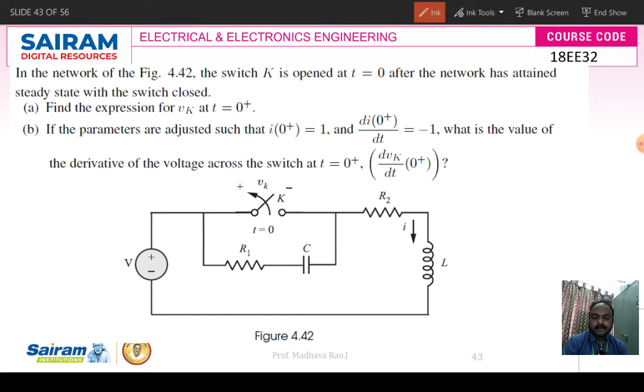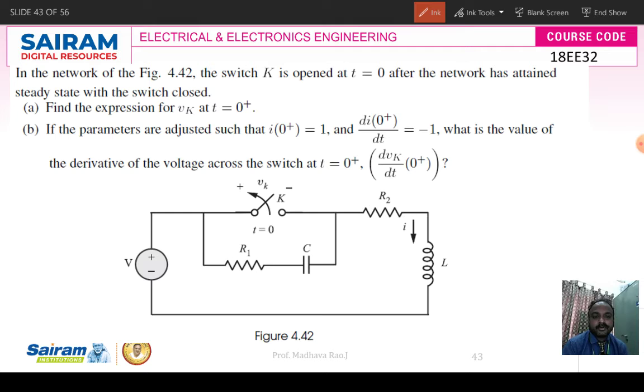Here we are going to find the expression for Vk at t equal to 0 plus, that is, the voltage across the switch. The second one is i(0+), which they have given as 1, and di(0+)/dt is also given.